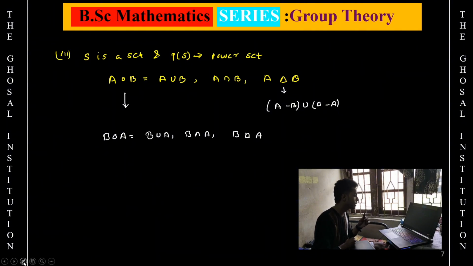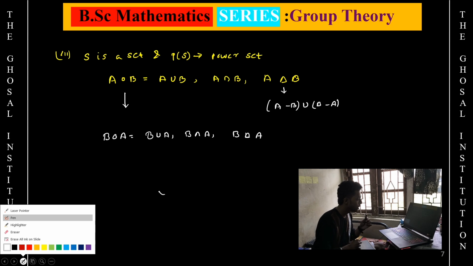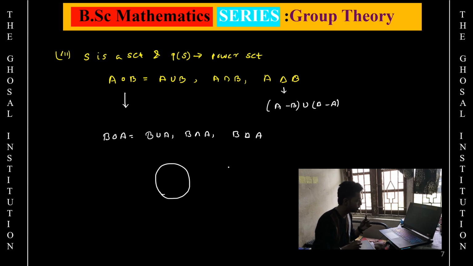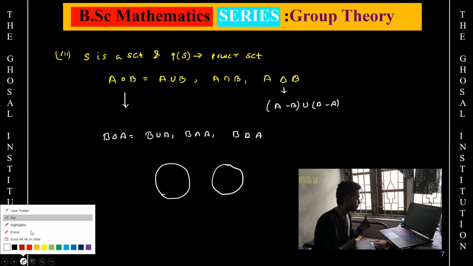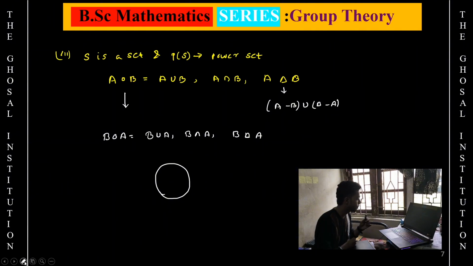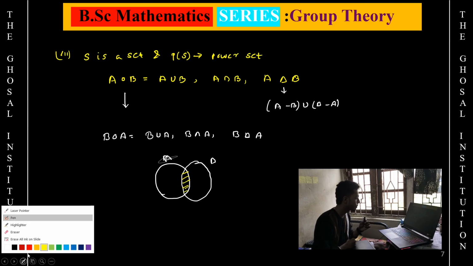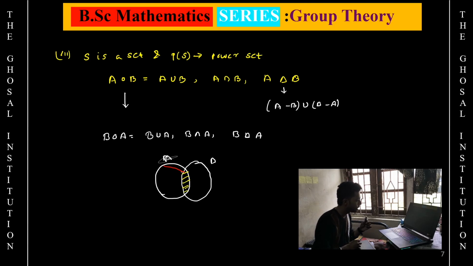Both are the same. If you see the visual, this is A and this is B. Sorry, we have to take the intersection part also. This is your intersection portion, so A intersection B and B intersection A give the same answer.